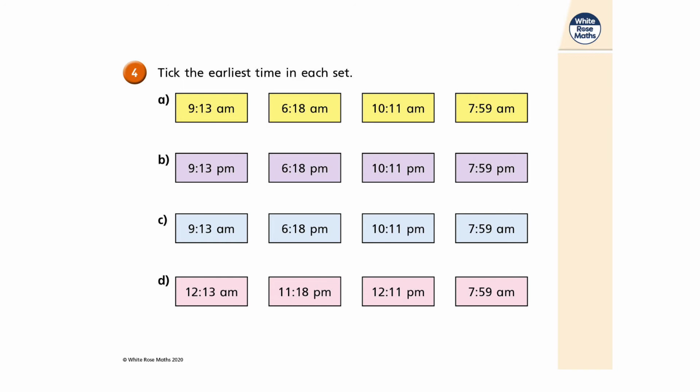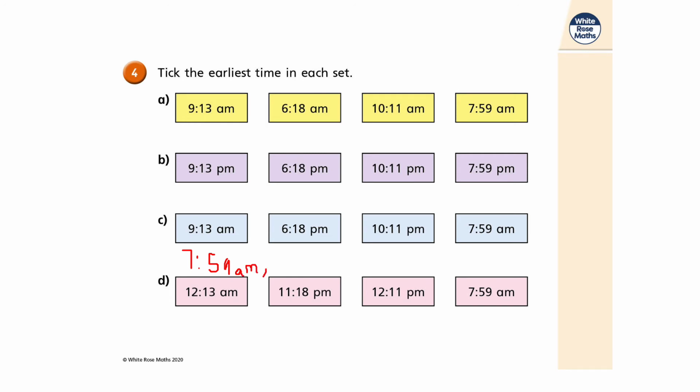So which one would come first? I know it's going to be 7:59 AM. And I know that because 7 comes before 9. So I'm going to write 7 and my colon. And I'm going to write 59 AM.